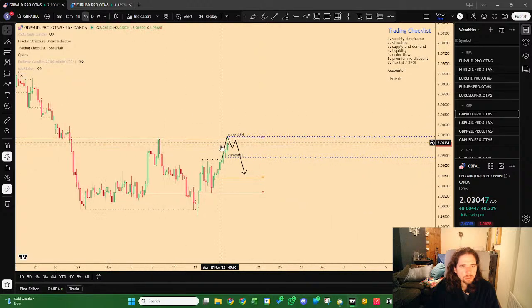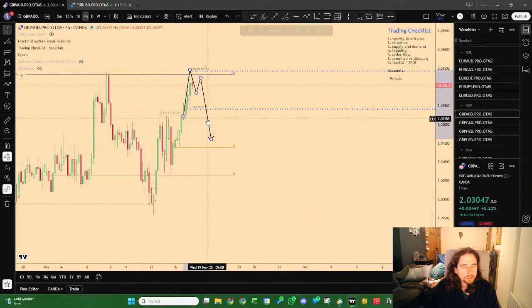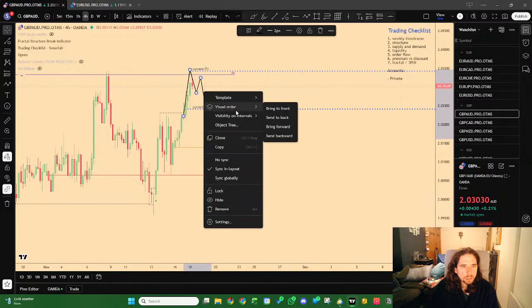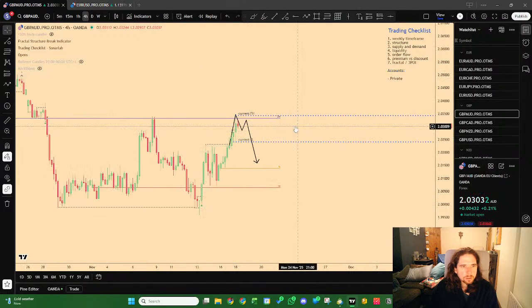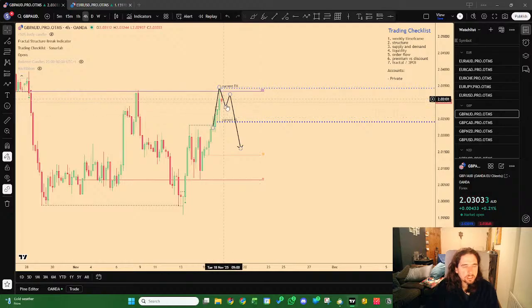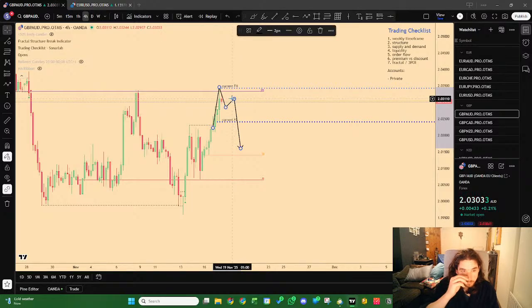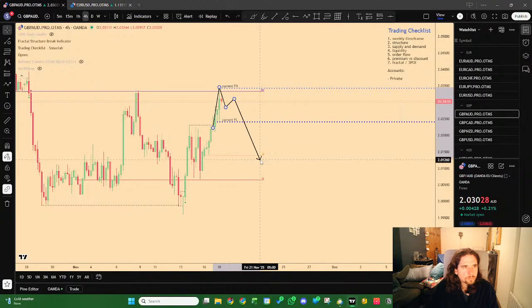Okay, so my little arrows look like they're being respected. Take that, take that. Head back down.